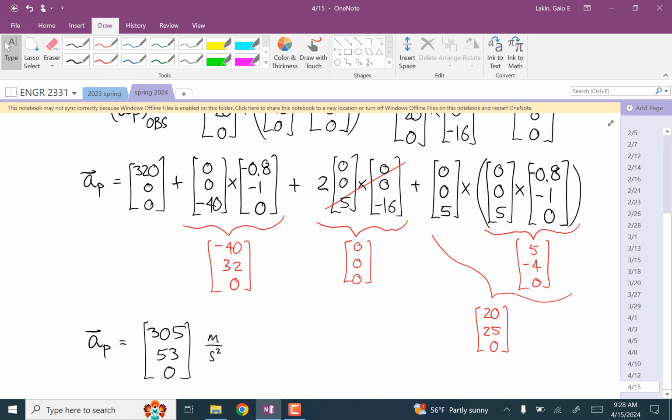Oh yeah, I think I added the wrong one there. I think you're right. Okay, so we only have 3 terms. We got 320, 280, 300. And then 32 plus 25, 57. Thank you. You are right.